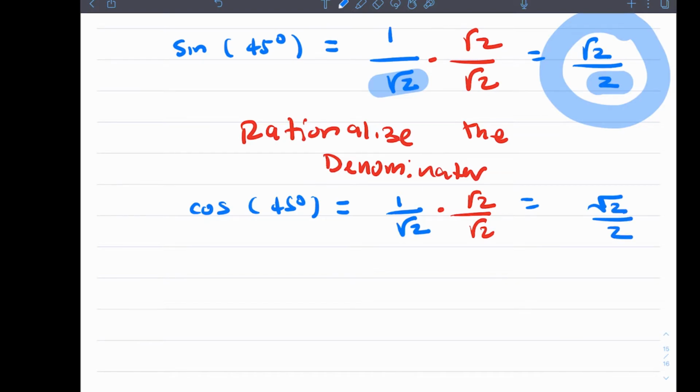Square root of 2 over 2. And there's your solution. There's your 6 trig ratios. All right, you guys okay with that one? The little details.